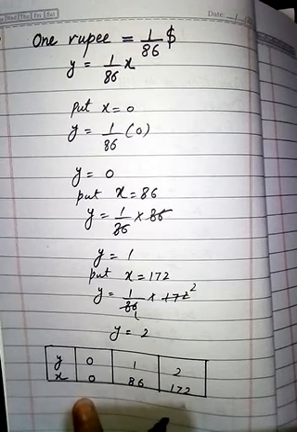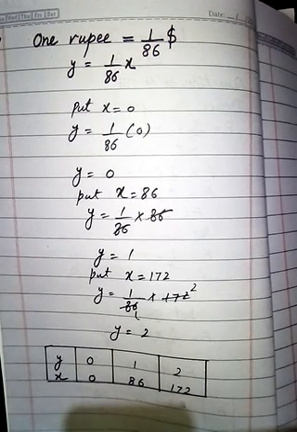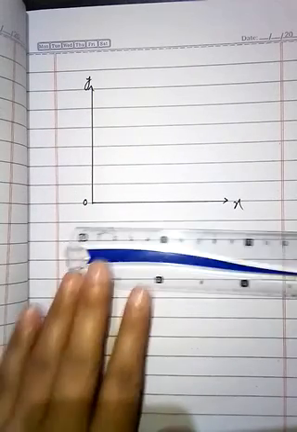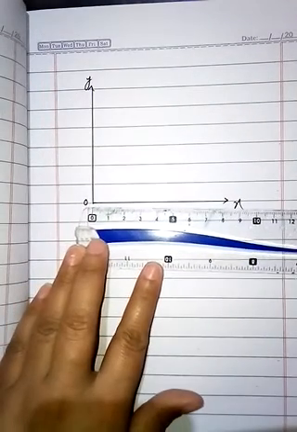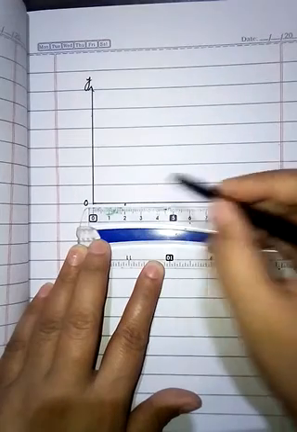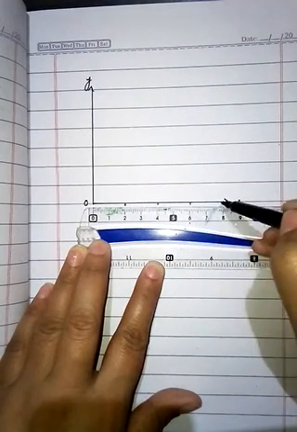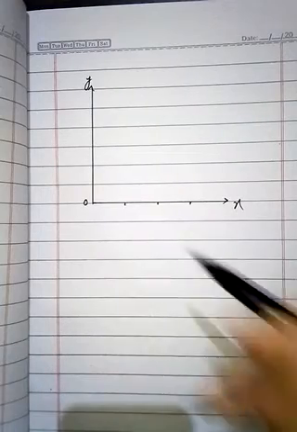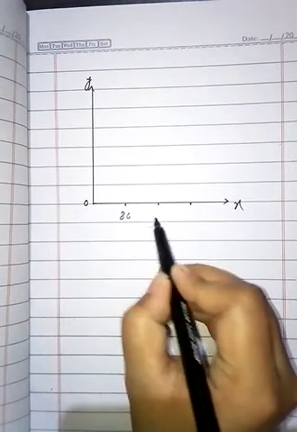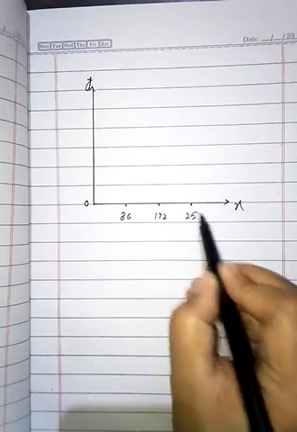Now you have to make the table of x and y. Now you have to plot these values on the graph. Now you have to draw the graph, so you can take a gap of 2 centimeters. It's your own choice. You can also take a gap of 1 centimeter. Just 3 values you have to take here. So x is 0, 86, 172 and 86 three times, I think 258.